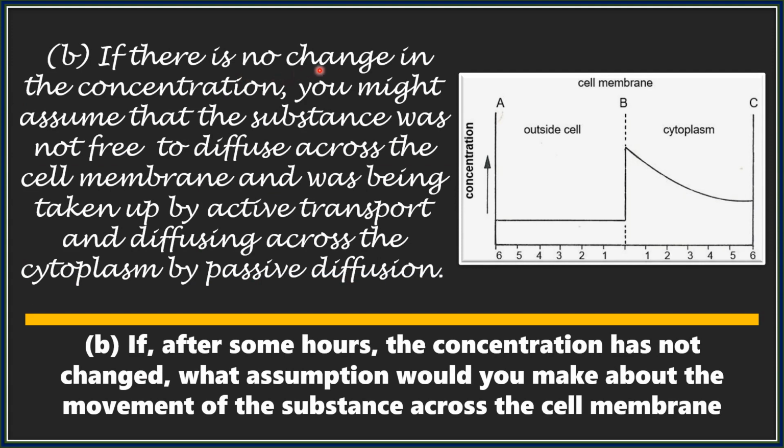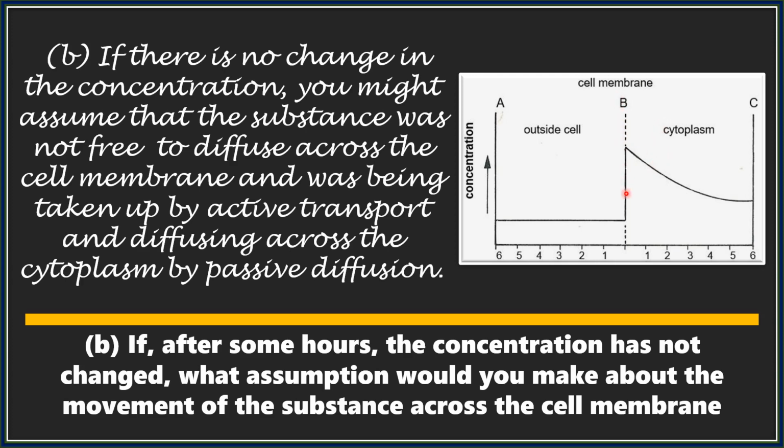If there is no change in the concentration, you might assume that the substance was not free to diffuse across the cell membrane and was being taken up by active transport and diffusing across the cytoplasm by passive diffusion. So if we could find it still like this, that means that this cell membrane is not freely permeable.